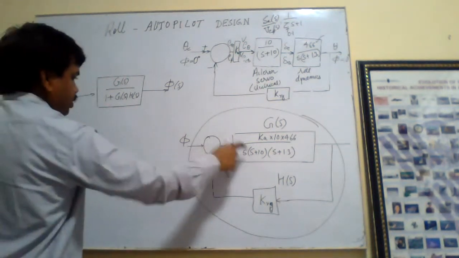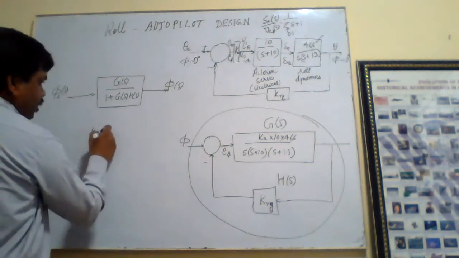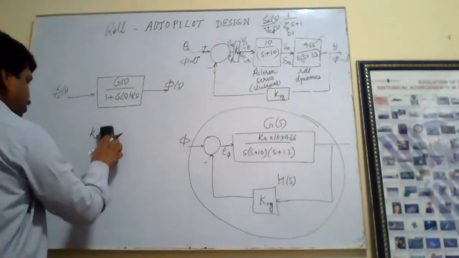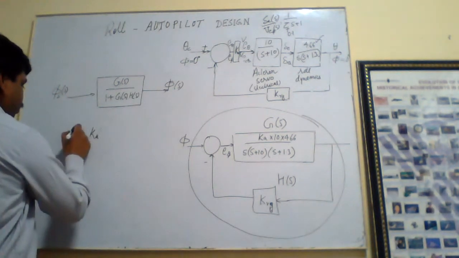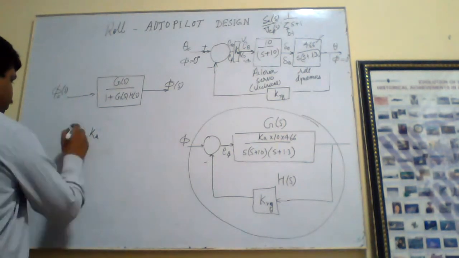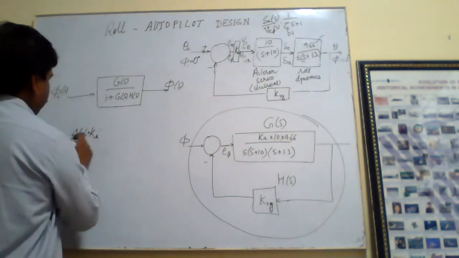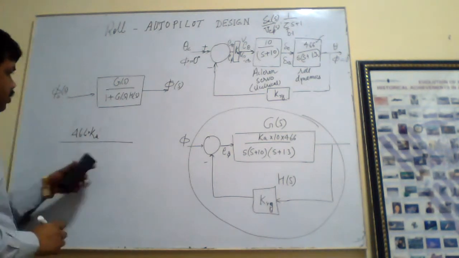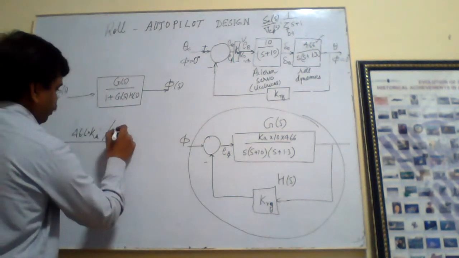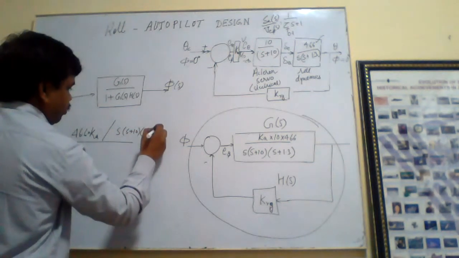So if I want to solve this G of S into H of S, I have Ka multiplied by 10 times 4.66, that is 46.6 Ka, over s into s plus 10 into s plus 1.3.